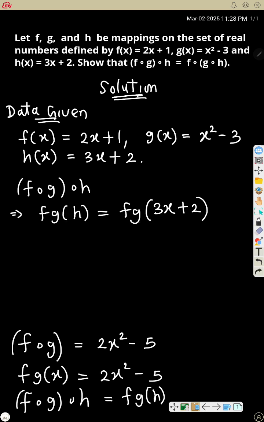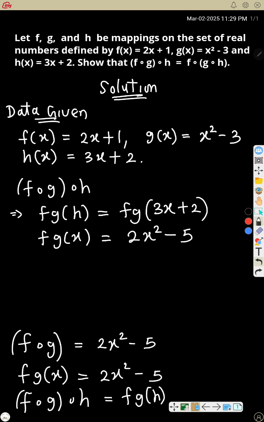So now go back to your results here. f of g of x is equal to 2x squared minus 5, that is our result.